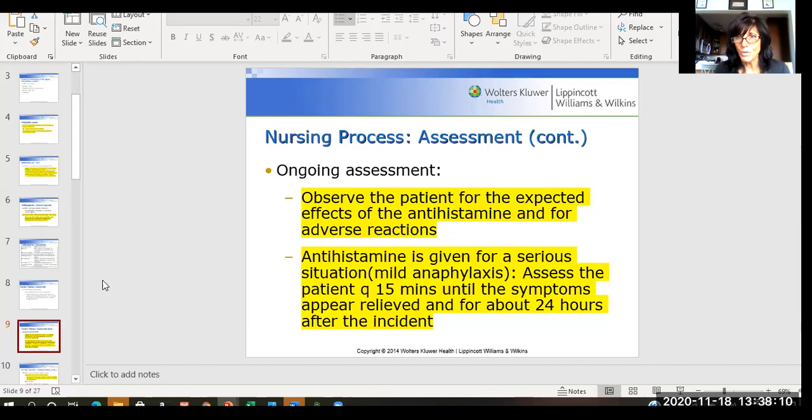You can give them the Benadryl, diphenhydramine, quell the symptoms. They seem fine. 6, 8, 10, 12 hours later, they can have a reemergence of the angioedema, the swelling of the tongue, the mouth, the throat. So they need to be watched carefully.